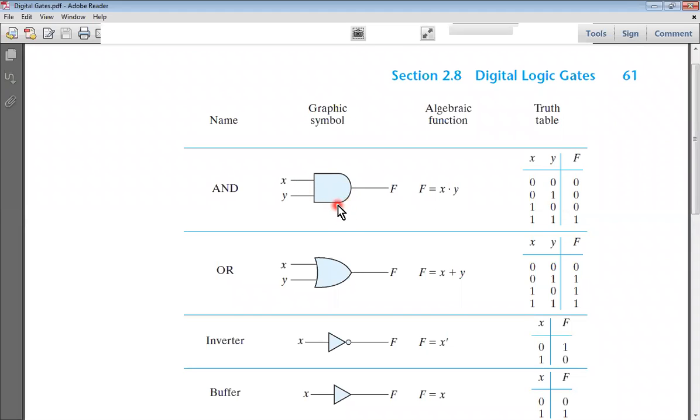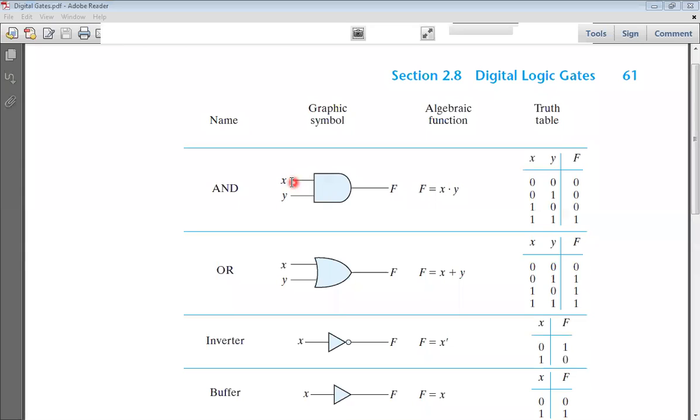Now let's begin. This is called the AND gate. It is the symbol for the AND circuit. The AND circuit contains transistors and so on, but here we are not showing the circuit, just the symbol. This is the symbol of the AND gate, which has two inputs.